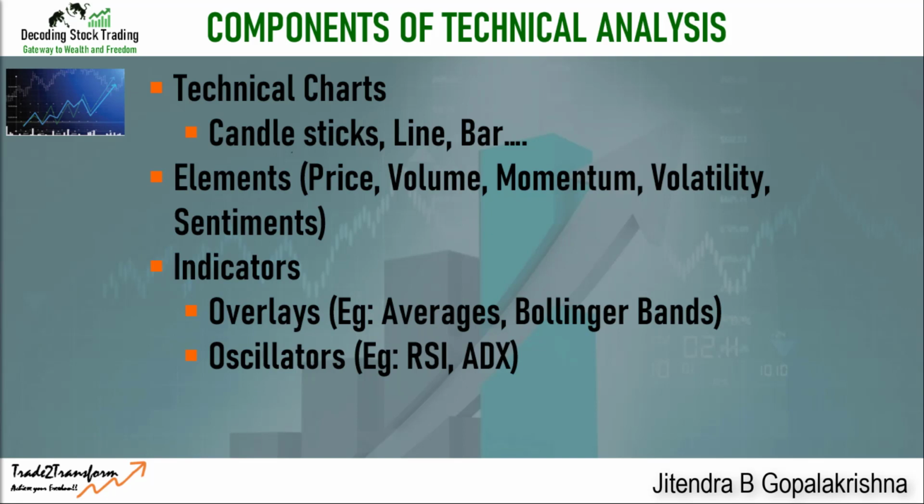Most of the indicators are delayed indicators, which means whatever has happened so far, they take that into account and say this is what is happening now. There are very few forward-looking indicators, and some of them do help in predicting.